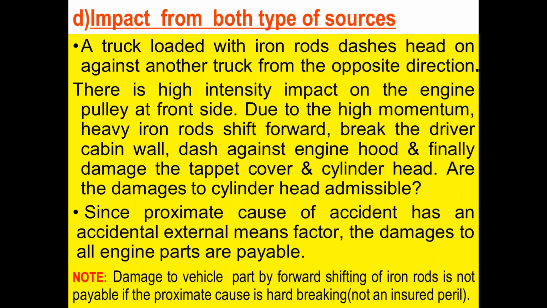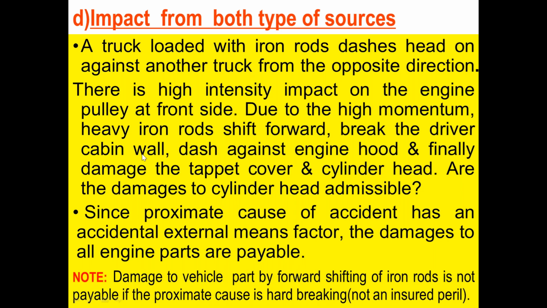Impact from both types of sources. A truck loaded with iron rods dashes head-on against another truck from the opposite direction. There is high intensity impact on the engine pulley at front side. Due to the high momentum, heavy iron rods shift forward and break the driver cabin wall.